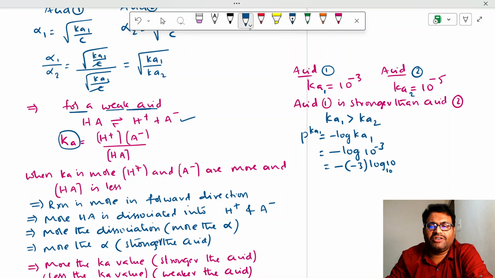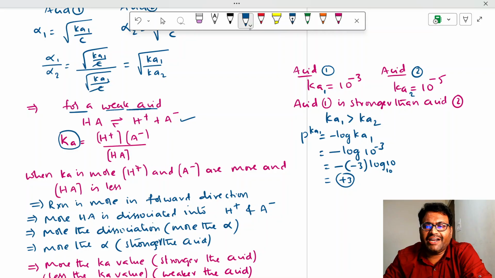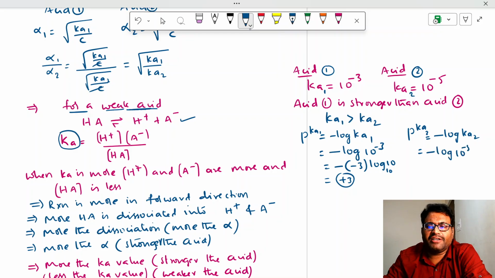Log 10 base 10 is equal to 1. Then what did we get? Plus 3. Here let us write pKa2. So pKa2 is equal to minus log Ka2, which is equal to minus log 10 power minus 5. That is equal to minus of minus 5 log 10 base 10, that is equal to plus 5.